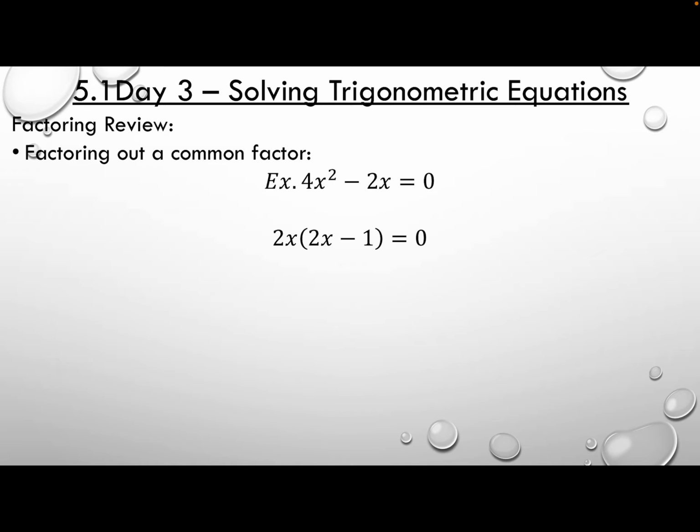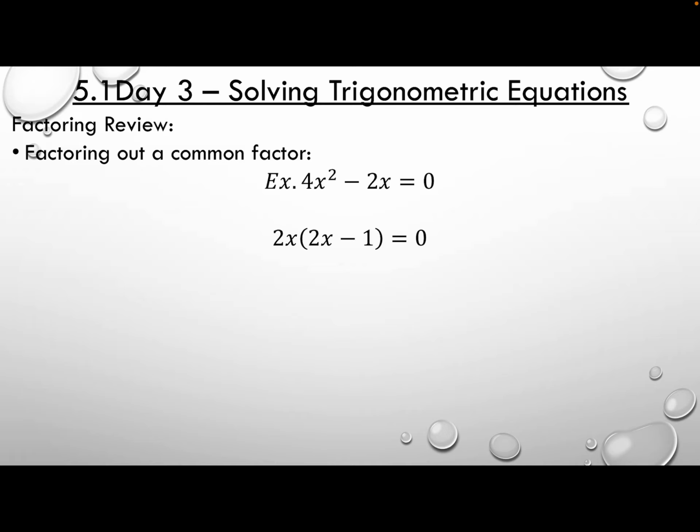So in this case, you will see that we can factor out a 2x. Why? Because think of that as the greatest common factor of both those terms. It is the largest number that goes into both 4 and 2. And then you can see that both of these terms have x's, so we can also factor out an x.